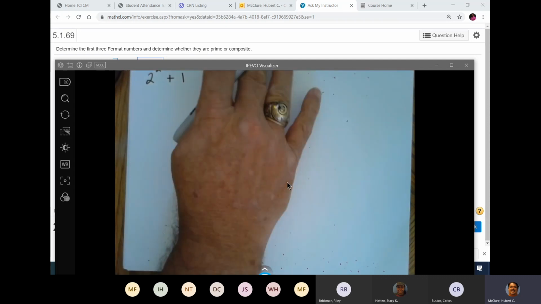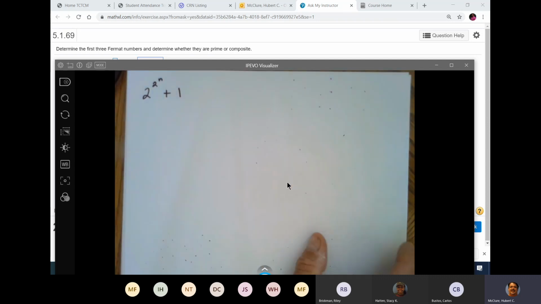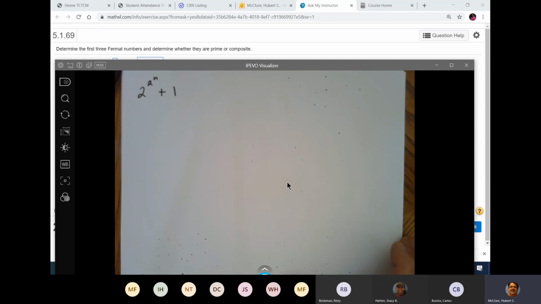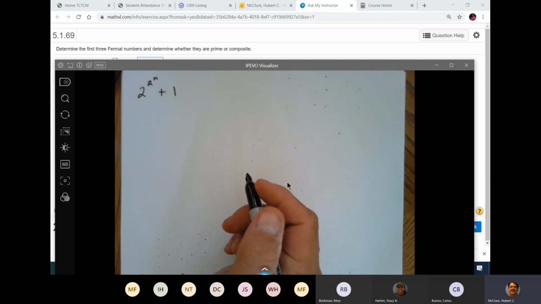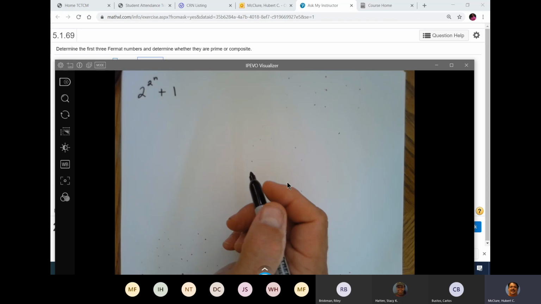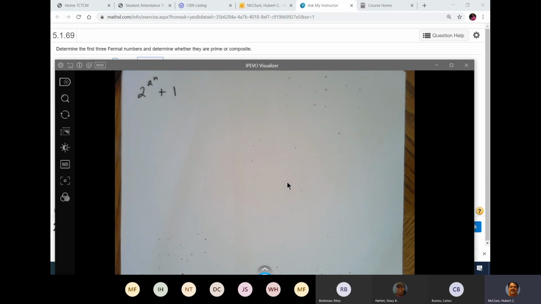Now, there's no way you're going to know that unless somebody gives it to you. And I really don't understand why this question is in this section, because there's no application to what we're doing except the numbers come out to be prime. That's it. So this is really not a good homework problem, and it sure is not a good test problem.